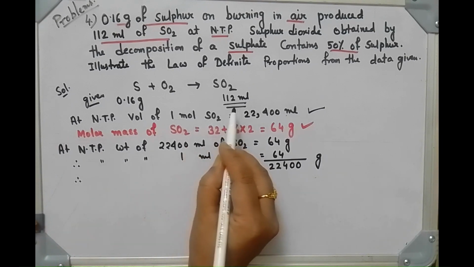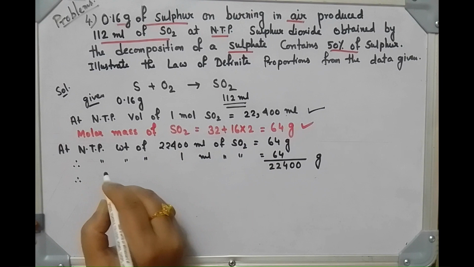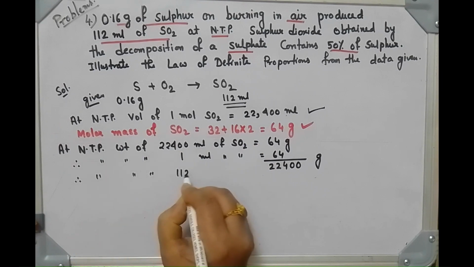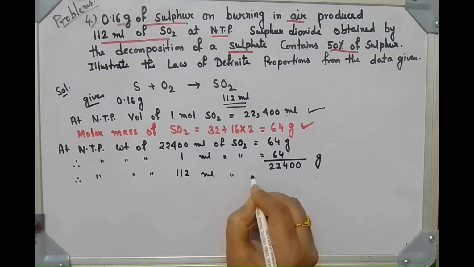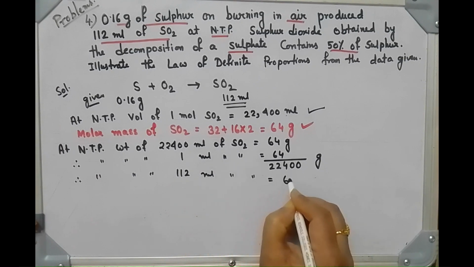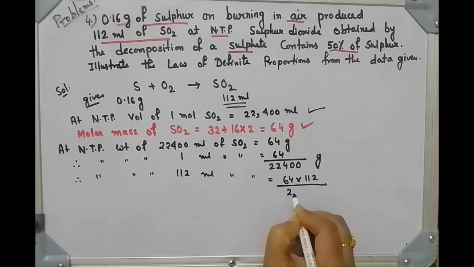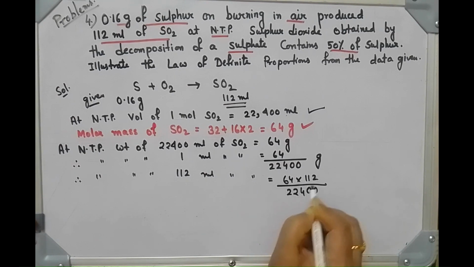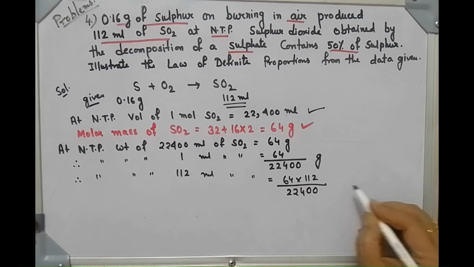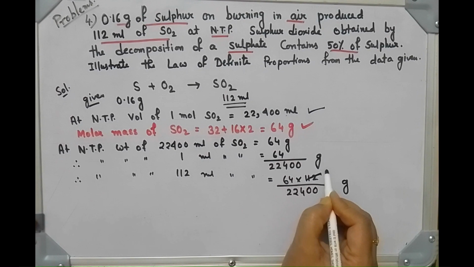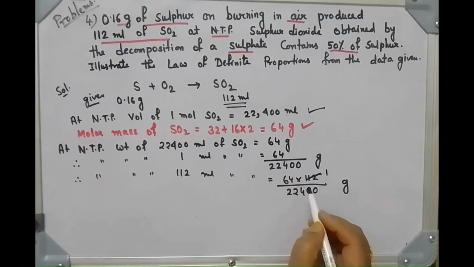Therefore, this much volume is given at NTP, the weight of this much ml of sulfur dioxide is equal to 64 into this divided by this much grams.